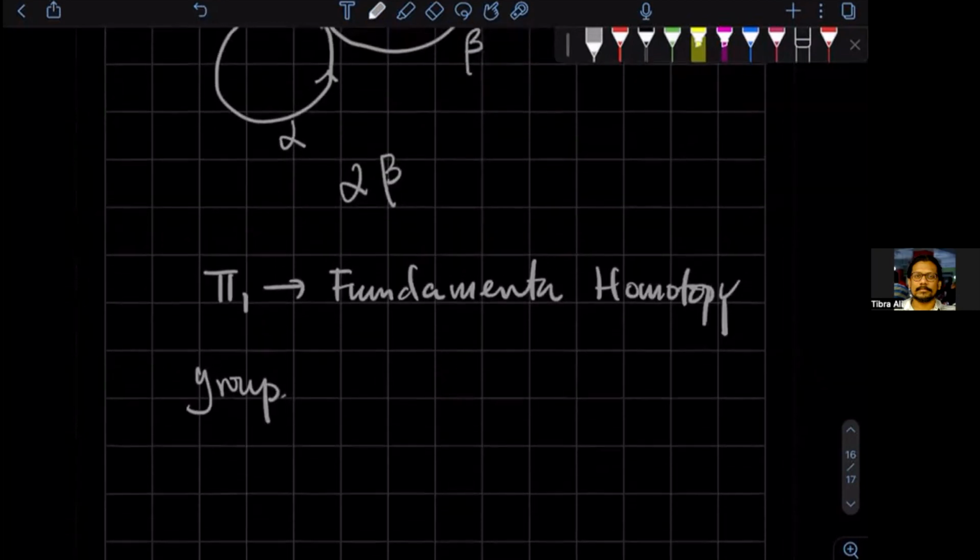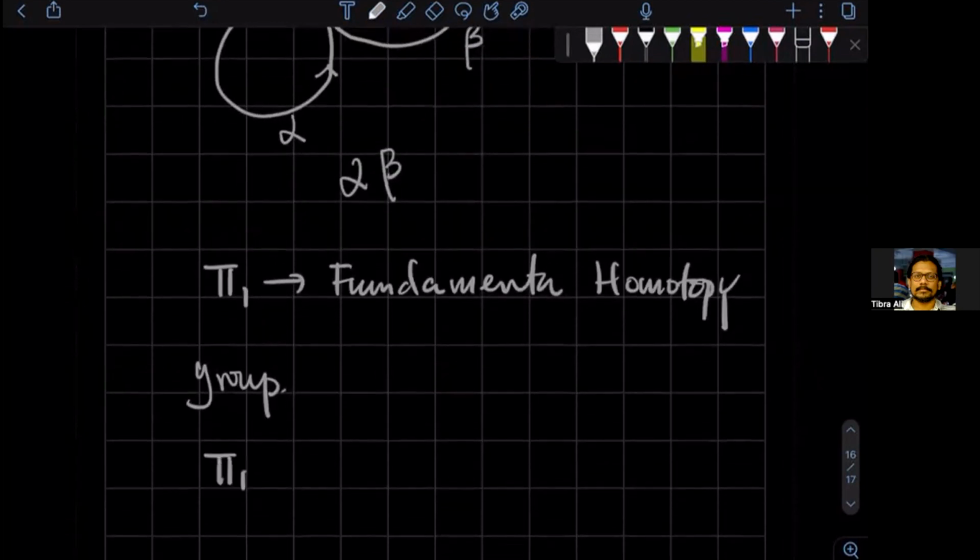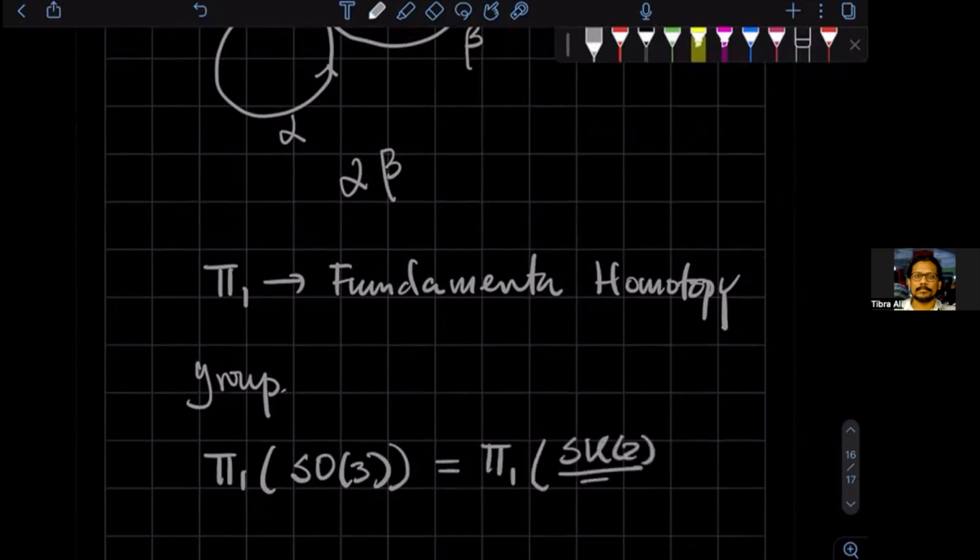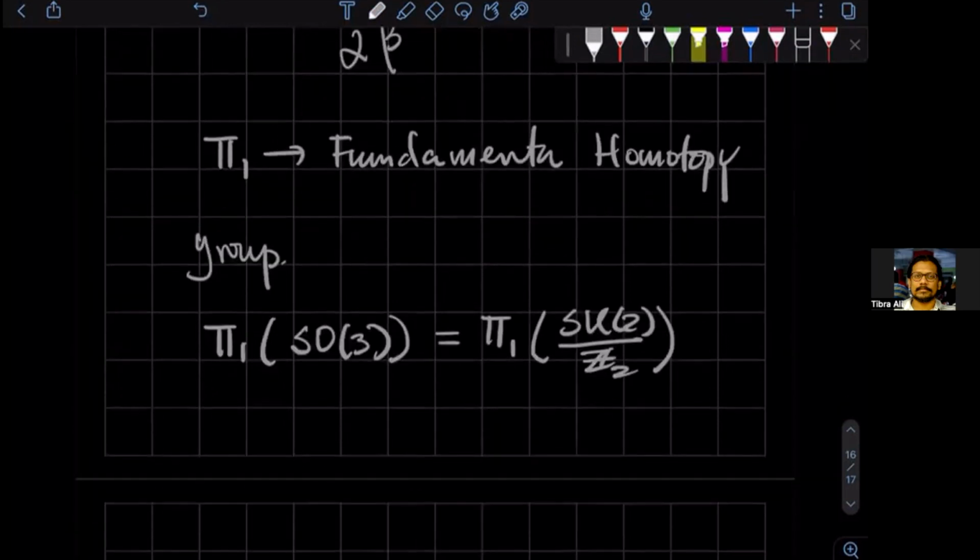And the pi1 of SO3 is equal to, of course, pi1 of SU2 over Z2. And there's a theorem in homotopy theory where you can relate such a quotient.